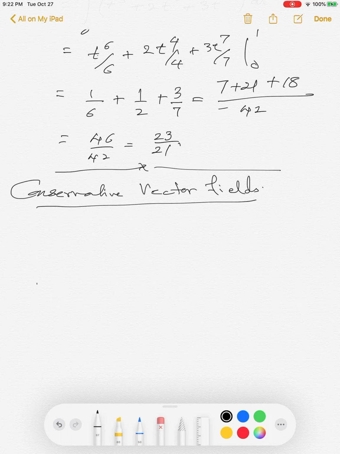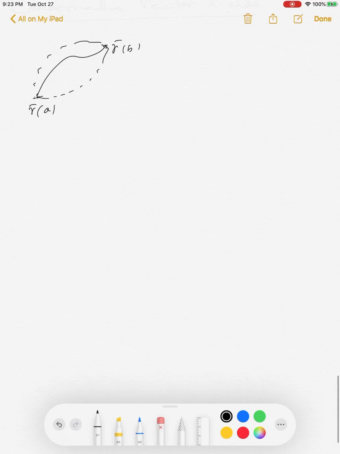Now when you are talking about line integrals, one natural question is, can you say that the line integral between 2 points, say this is your curve, r bar A and r bar B, when is it independent of the curve? No matter what curve you take joining r bar A and r bar B, if the line integral is independent of the curve, then the vector field is said to be conservative, but I'll not define it that way.